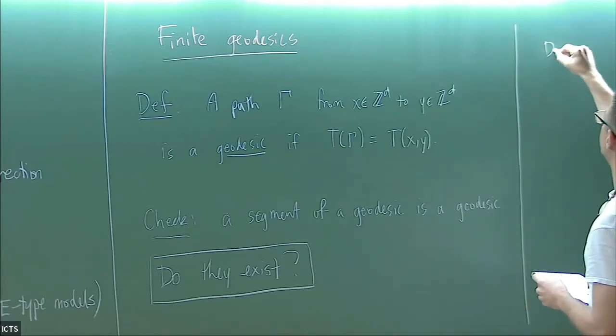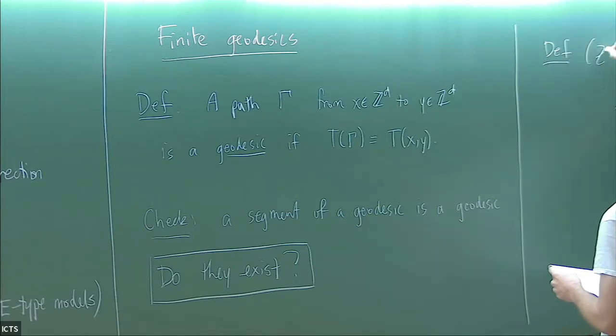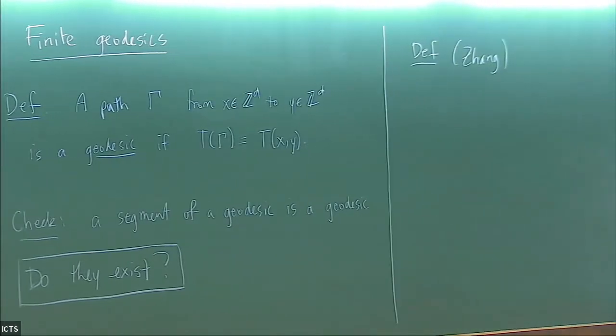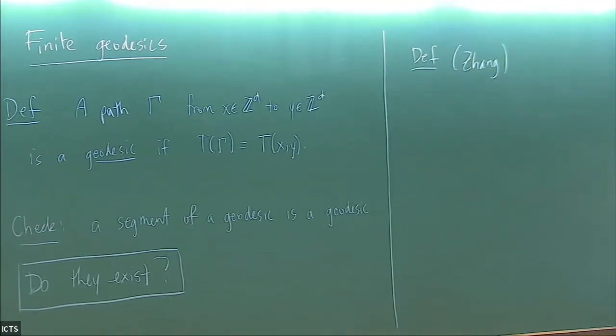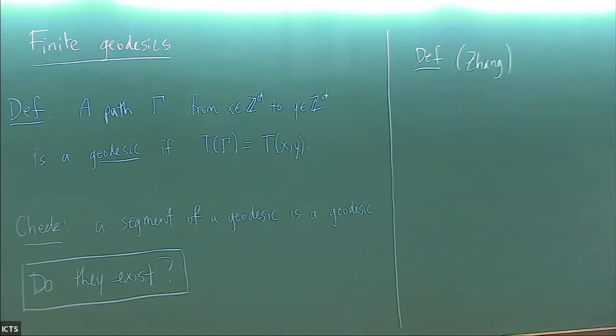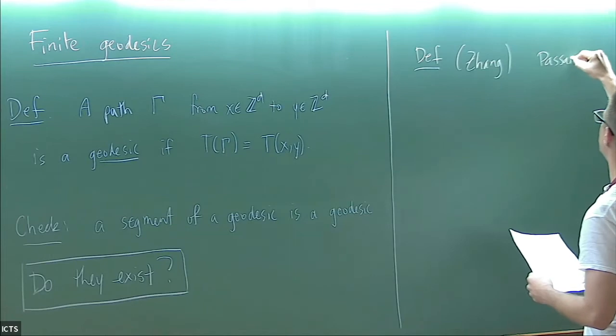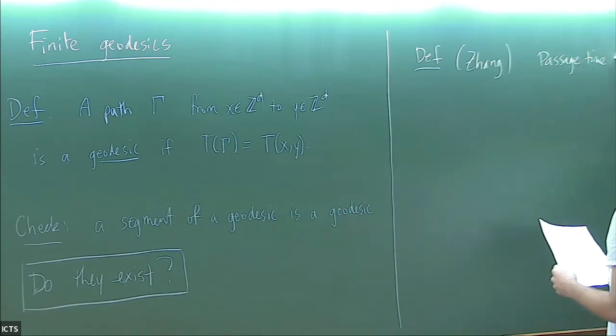So that's our next definition. This appeared first in a paper of Zhang, and it's a bit unclear when this paper was written because I've seen anywhere between 94 and 98. It's called double behavior of critical first passage percolation. So this is the passage time to infinity.